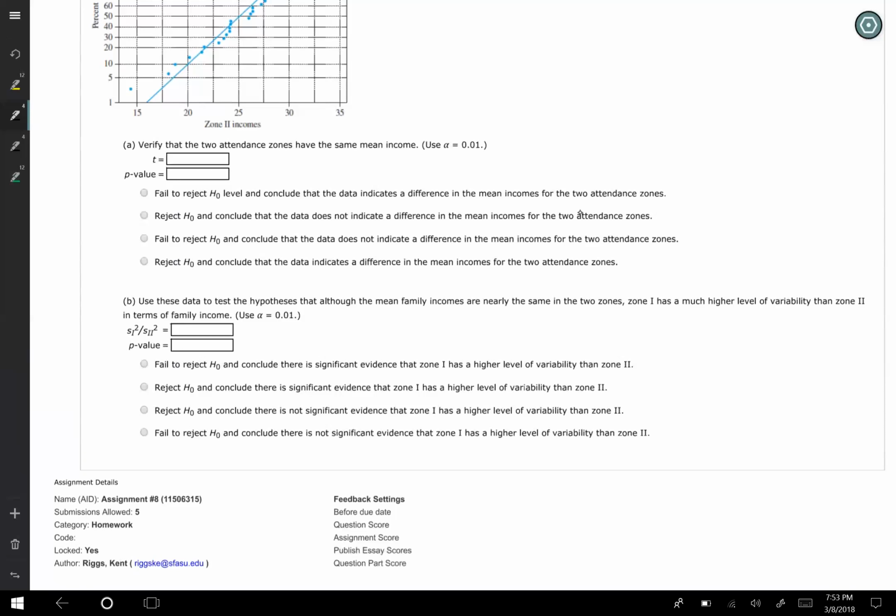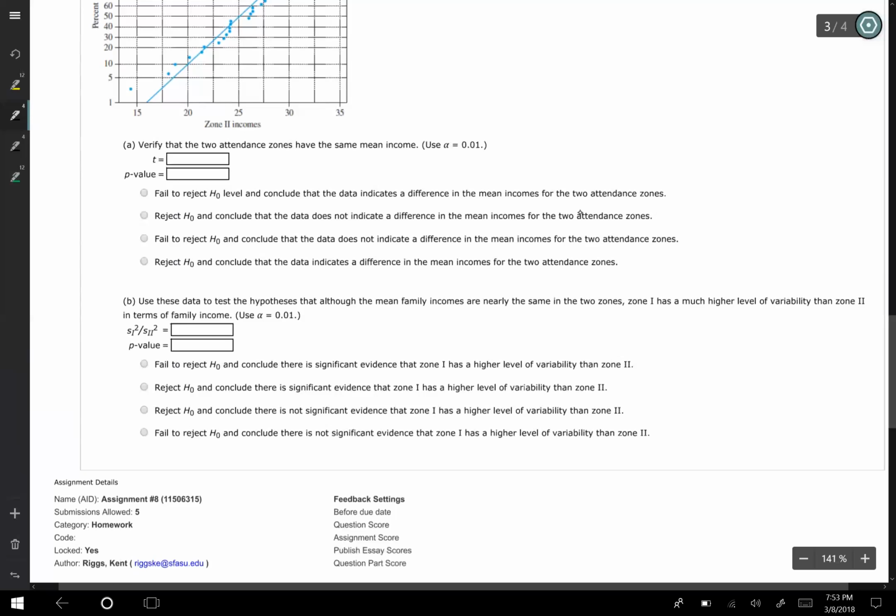So one way to ask the question, should I use a pooled t-test, is to test whether the two population variances are the same or different.